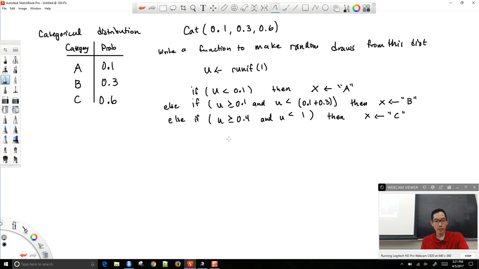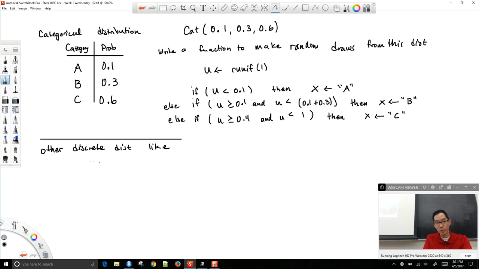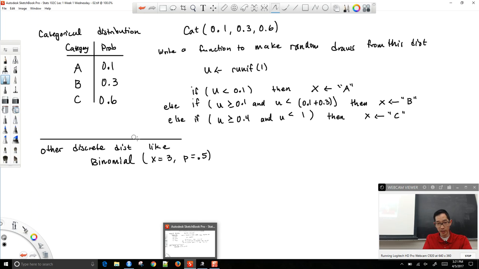That's easy. This is no different than if, instead of the categorical distribution, we changed it to some other discrete distribution, like binomial, where n is equal to 3 and p is equal to 0.5.